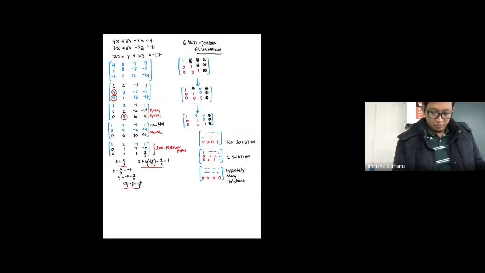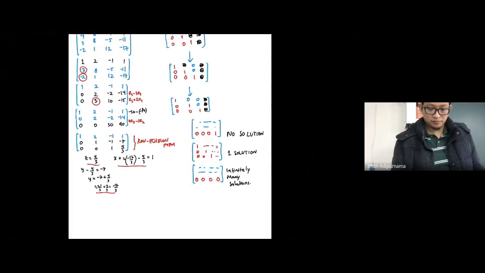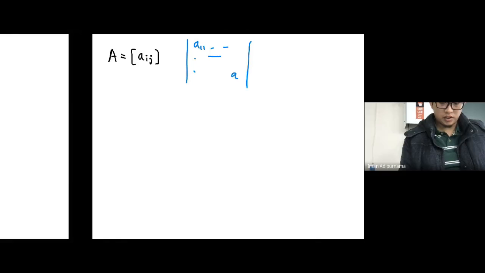Let me continue a little bit to get a brief idea of matrices and their algebra. If I have matrix A composed of these numbers, meaning you can have A11 until A, and I have B, the same thing.